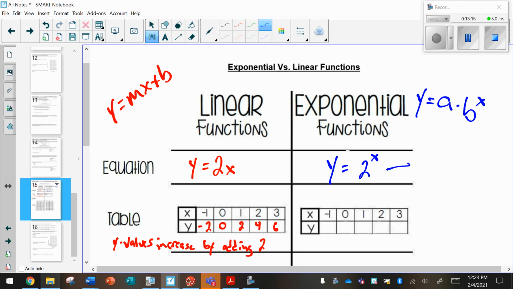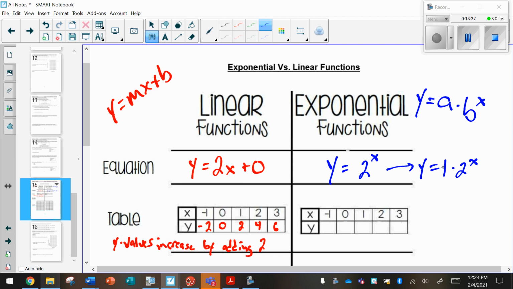Now this one, similar to how the y-intercept for our linear equation wasn't shown, so it would be a 0. For exponential, when we only see one number, that implies that our y-intercept or our starting value is actually a 1, because we're using multiplication now, not addition.